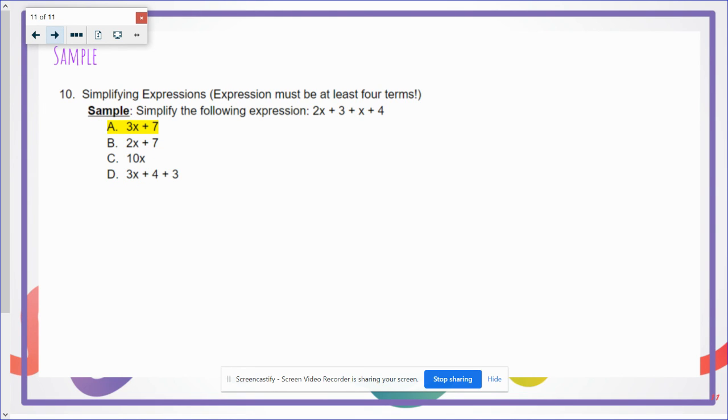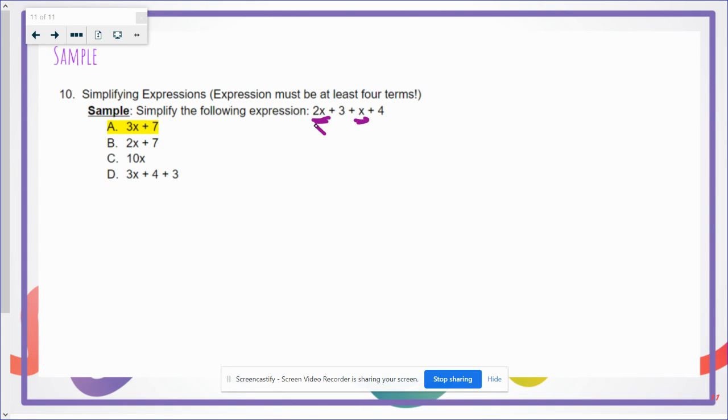Simplify the following expression. So simplify really, again, just means to make it smaller, or combine what you can, make it simpler. So we need to look at our like terms. Here I have 2x. And if you remember, like terms have the same variable or the same exponent, or are just plain constants.